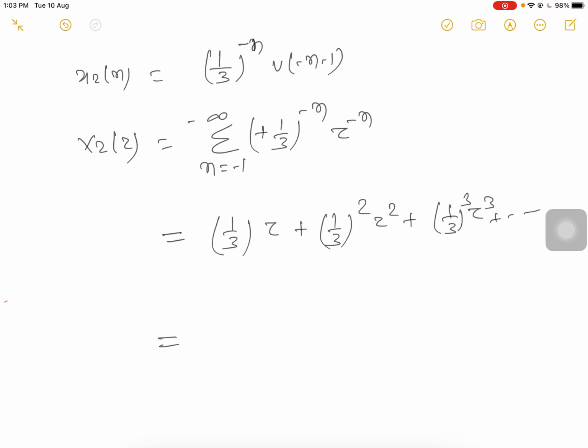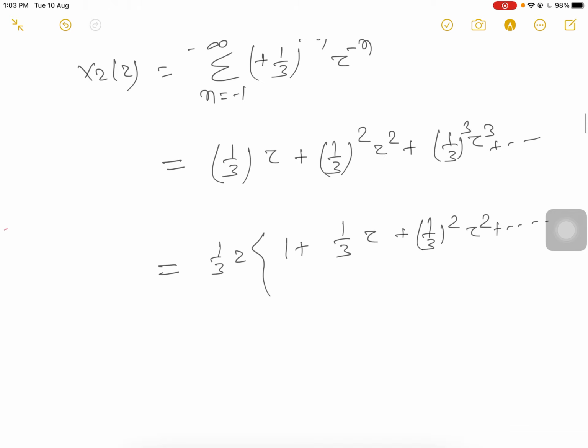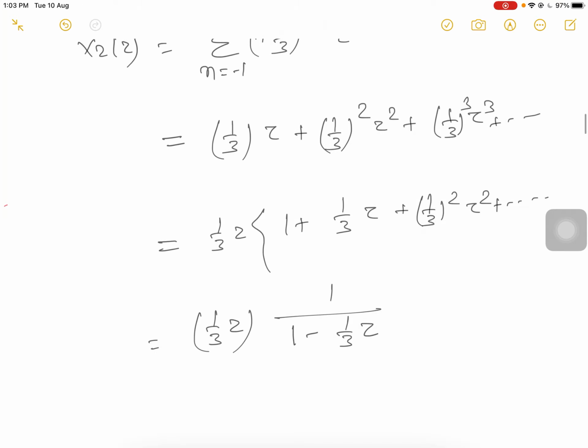And in a geometrical progression, take 1/3 z common: 1/3 z times (1 plus 1/3 z plus (1/3)^2 z^2 plus and so on). Then the first term will be 1/3 z, and 1 upon 1 minus 1/3 z.